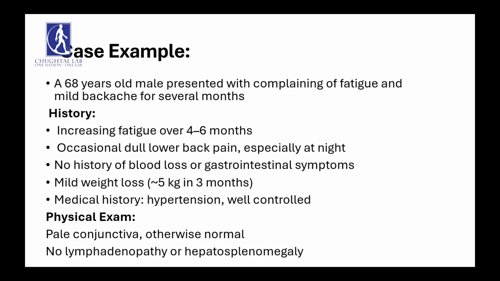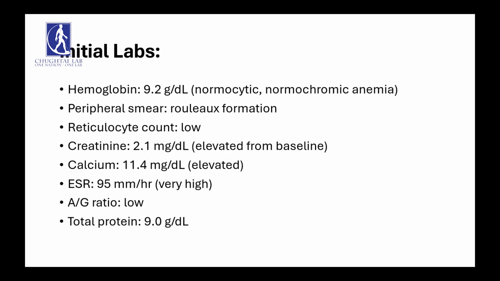After baseline investigation, we found that hemoglobin is 9.2 gram per deciliter. Peripheral smear showed Rouleaux formation. Reticulocyte count was low. Serum creatinine level was raised, which is 2.1 milligram per deciliter. Calcium level was also raised, which is 11.4 milligram per deciliter. ESR was raised.